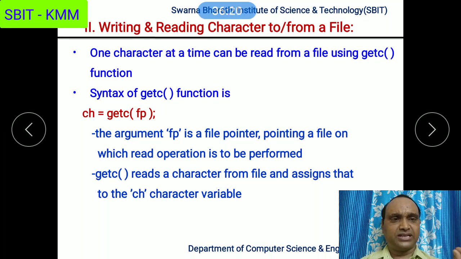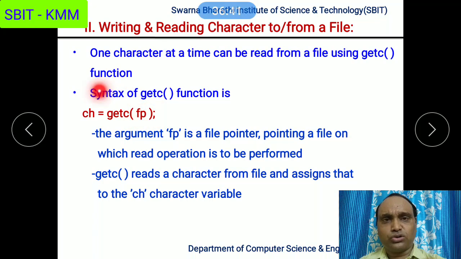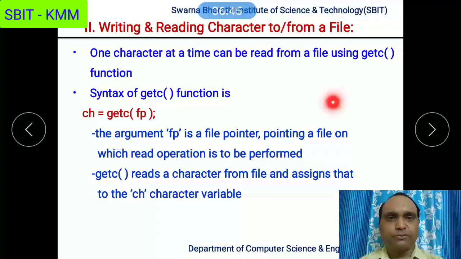For every operation using getc, the file pointer moves to the right by one character position, so that it points to the next character to be read. The getc function reads the character pointed to by fp in the file and stores that character in ch, which is a character type variable.